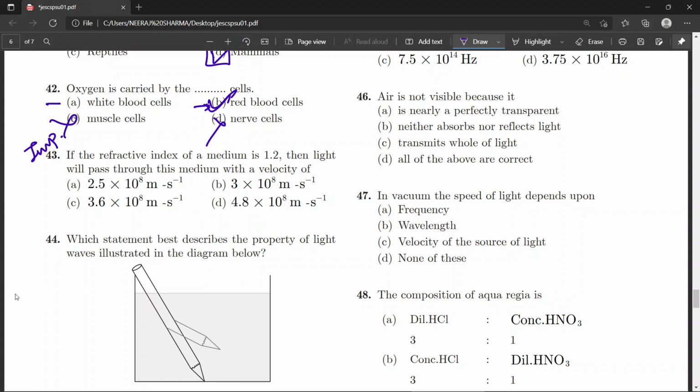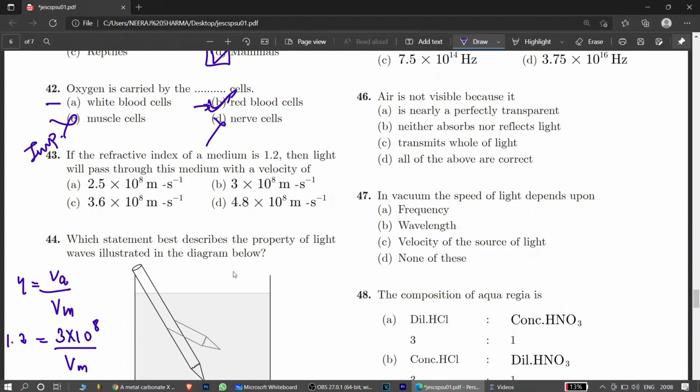I'm solving it for you here. Refractive index of the medium is given by the velocity of the light in the air divided by the velocity of the light in the medium. The velocity of light in the air is always 3 into 10 raised to the power 8. As you already know, refractive index is given as 1.2, and you have to calculate the velocity of light in the medium, right?